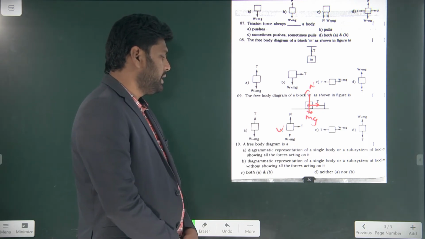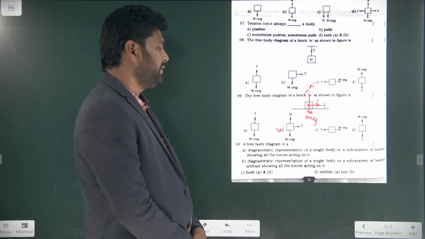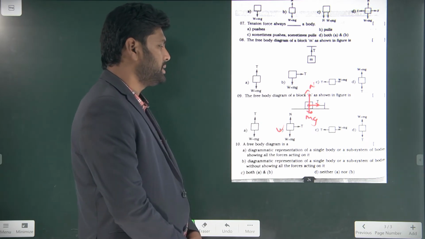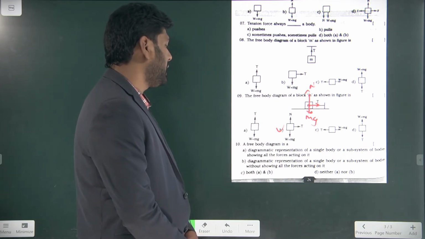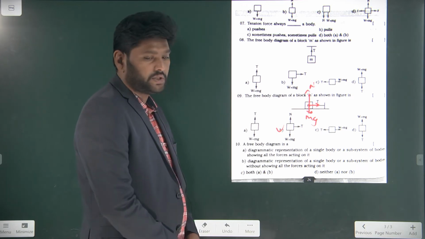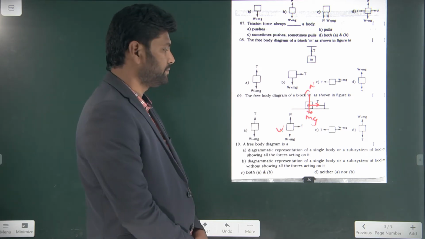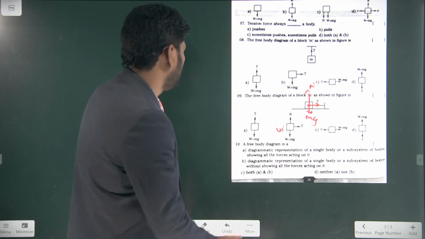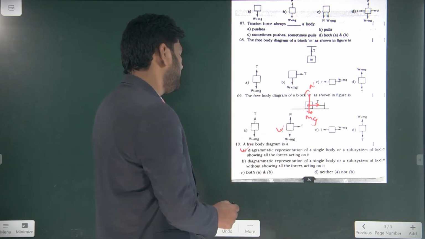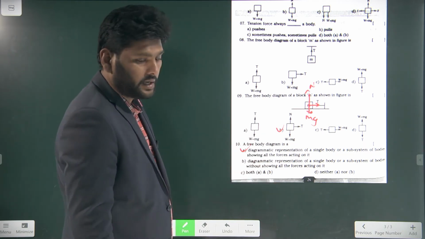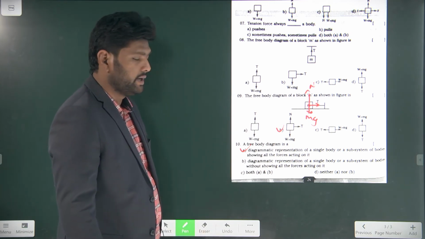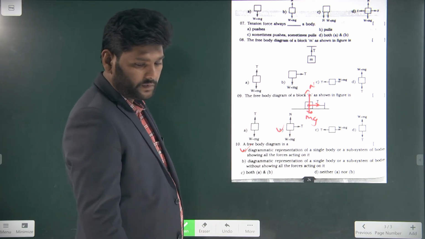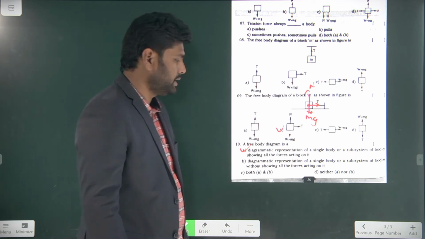The second option is a diagrammatic representation of a single body or subsystem of bodies without showing all forces acting on it. Which option is right among the two? Option A, sir. So option A is final, the remaining options will not work. Understand? Next, I'll go to the next slide.